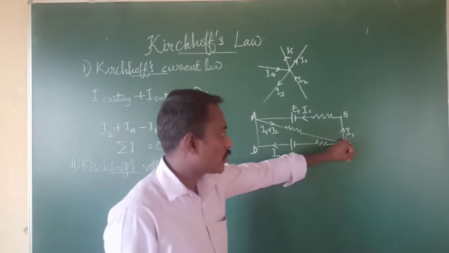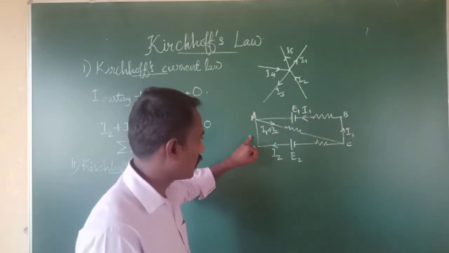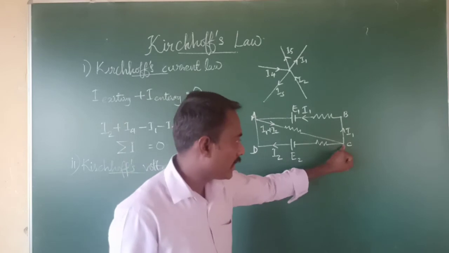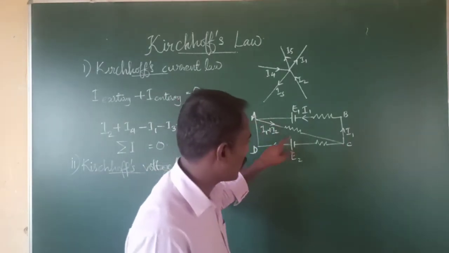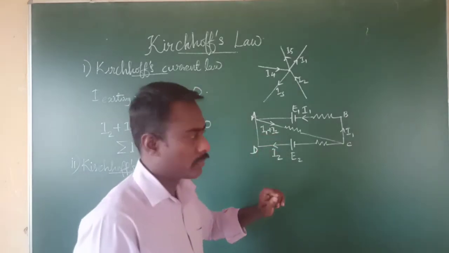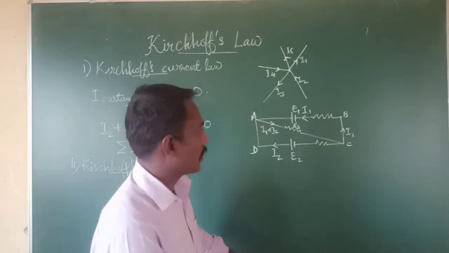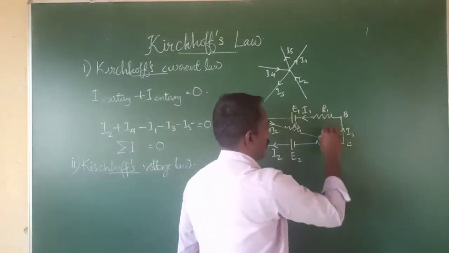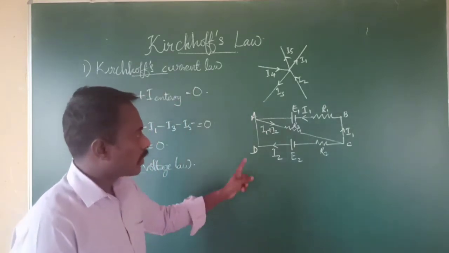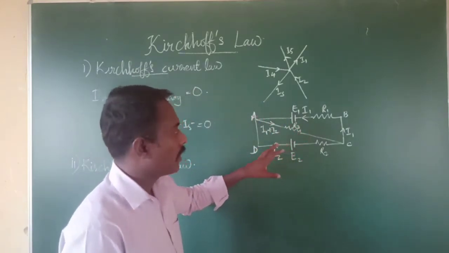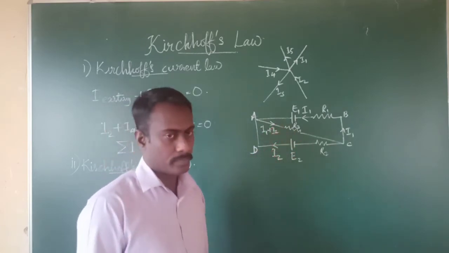The current I1 is flowing through the resistor, and the current I2 is flowing here, and the total current flowing from A to C is I1 plus I2. A resistor R3 is connected, and resistors R1 and R2 are also connected to the circuit, and the total potential drop across these cells is always zero.